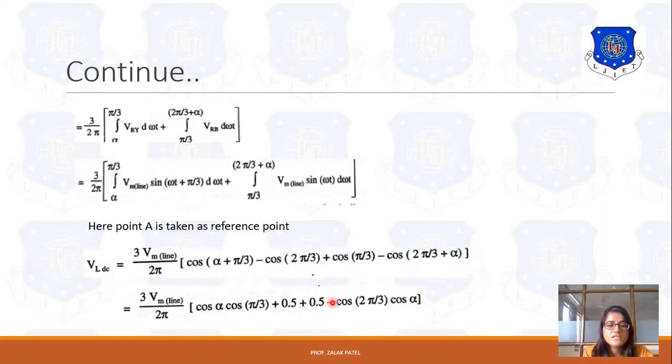Now if you write the equation again, this 0.5 plus 0.5 means 1. So it is written like this: 3 Vm of line upon 2 pi into 1 plus cos alpha. So this is the average load voltage: 3 Vm of line upon 2 pi into 1 plus cos alpha.